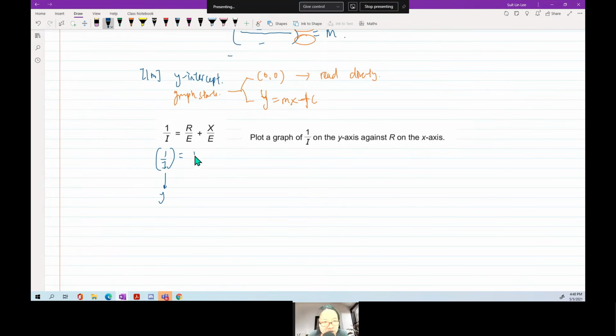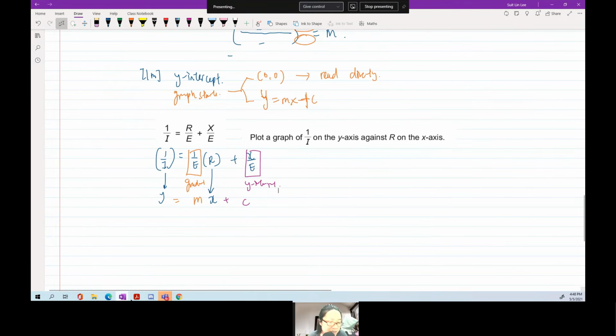And then R, you can rearrange so that R is here. This entire thing is my x-axis, right? Plus x over E. So this thing is gradient because y is equal to mx plus c. This thing is your y-intercept.